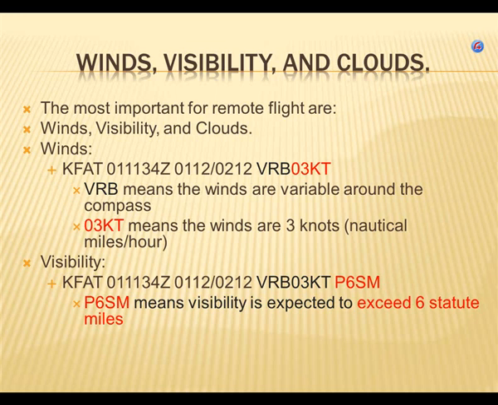Recorded messages tell you they won't establish that there's a ceiling above 12,000. It's not worth it because most small aircraft don't fly that high. So the Weather Service says no clouds below 12,000, and that's exactly what they say in their automated weather.